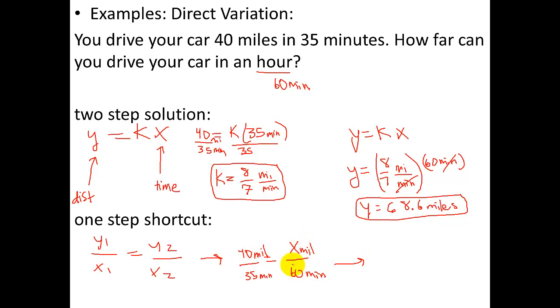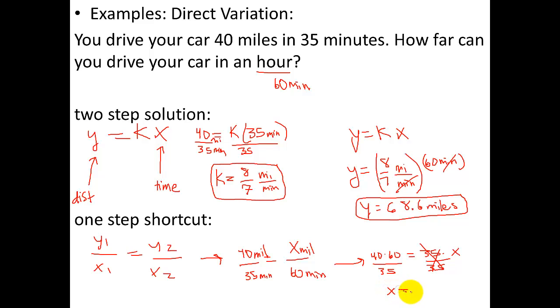Solve for x, cross multiply, 40 times 60 equals 35 times x. Divide by 35, or better yet, because x is right here, all I really have to do is multiply by 60, which means the 60 will go over here, and leave the 35 down there.